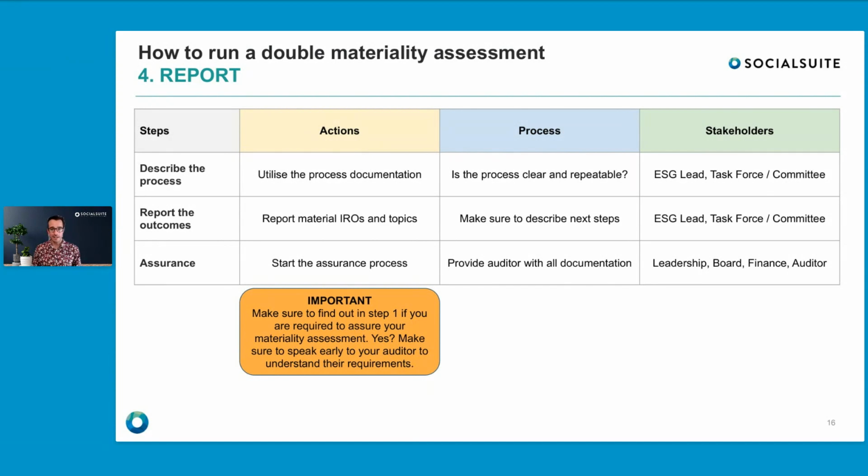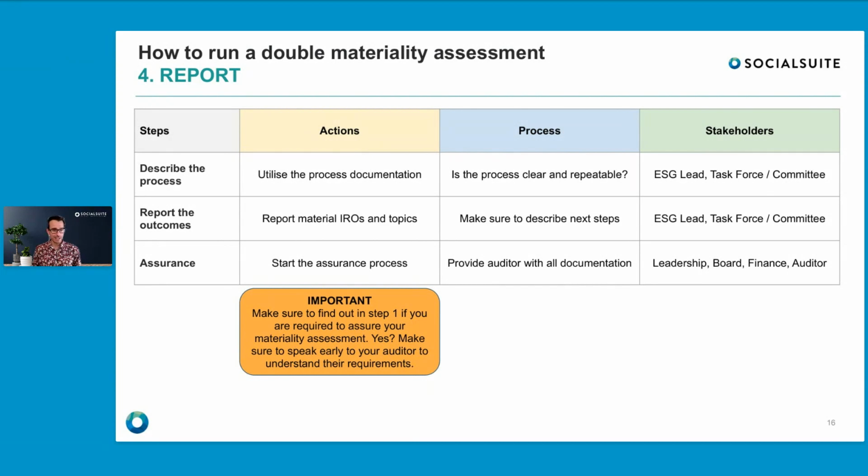And finally, then, do you have to do assurance? If that's the case, start that process now, provide your auditor with all the documentation. But it's really important to have a chat internally, maybe even in step one, to think about, are we required to have a level of assurance around this? CSRD does require you to do that.